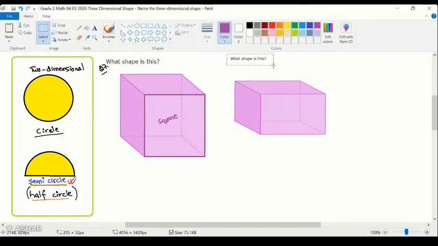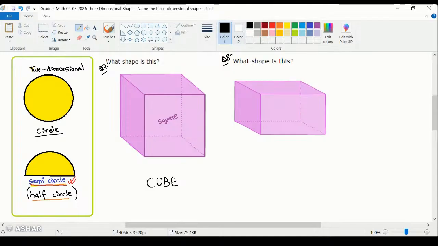In question number 7, what should be the shape? If it's a square, perfect. Thank you, Precious. It's a cube.